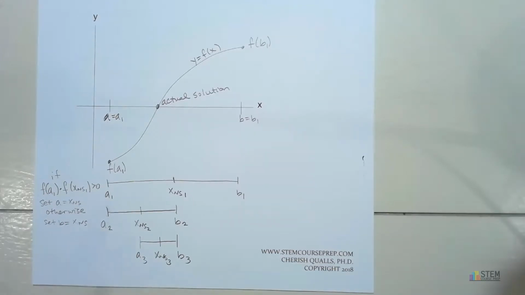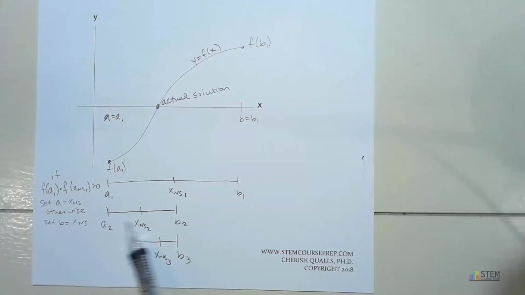And you just keep moving in and getting closer and closer. Notice how your brackets get smaller and smaller each time, and each time you should get closer to the actual solution. The brackets again are determined by looking at the sign of this product right here.